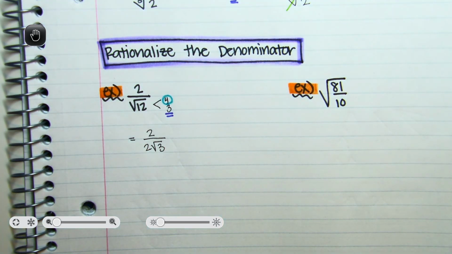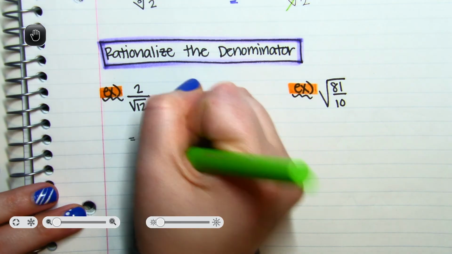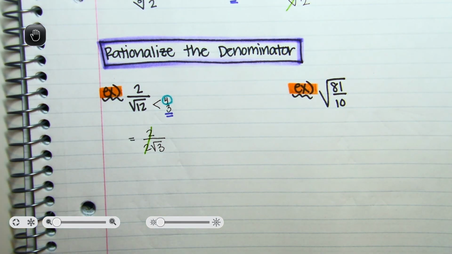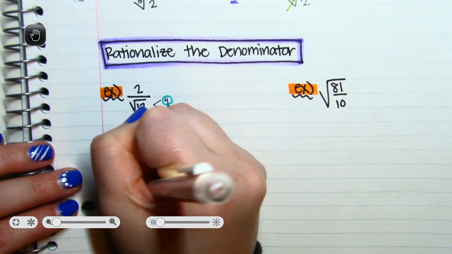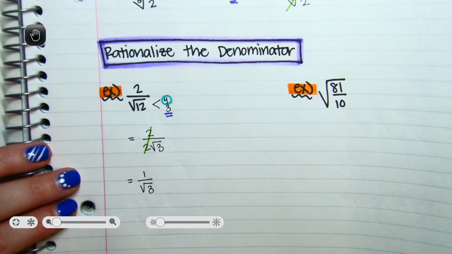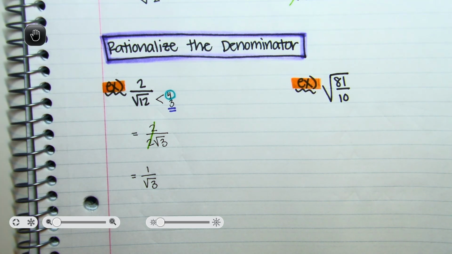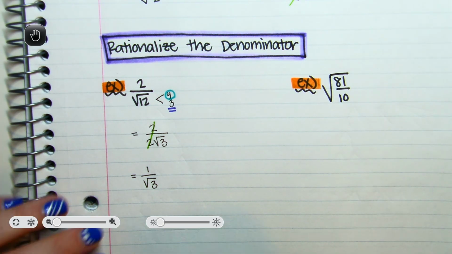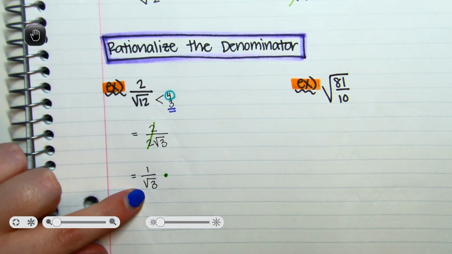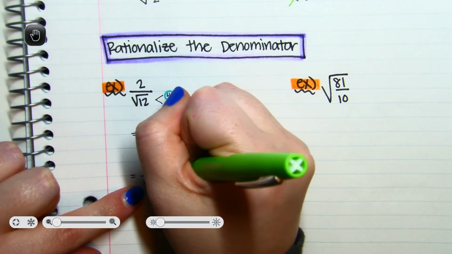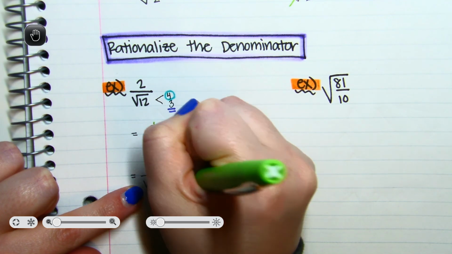Now I'm going to go ahead and simplify this again and cross out the 2's. So now all I'm left with is 1 over the square root of 3. Now to rationalize this denominator, I need to multiply the top and bottom by this radical. So by the square root of 3.